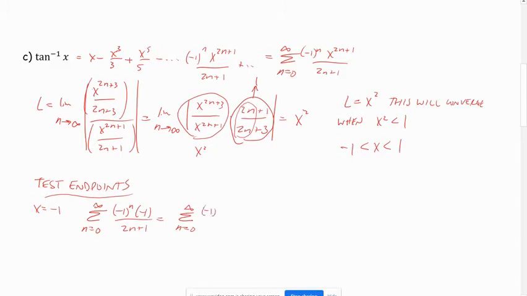We just have -1 to the n plus 1 over 2n plus 1. The reason why it's n plus 1 is because I just added the exponents here to get n plus 1. And so that creates an alternating series.